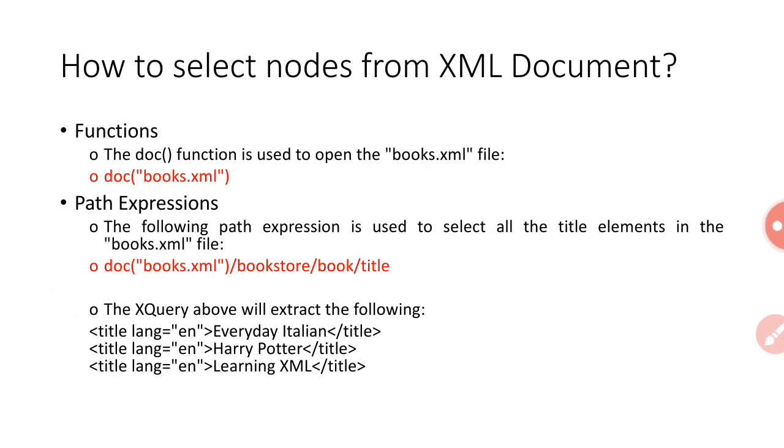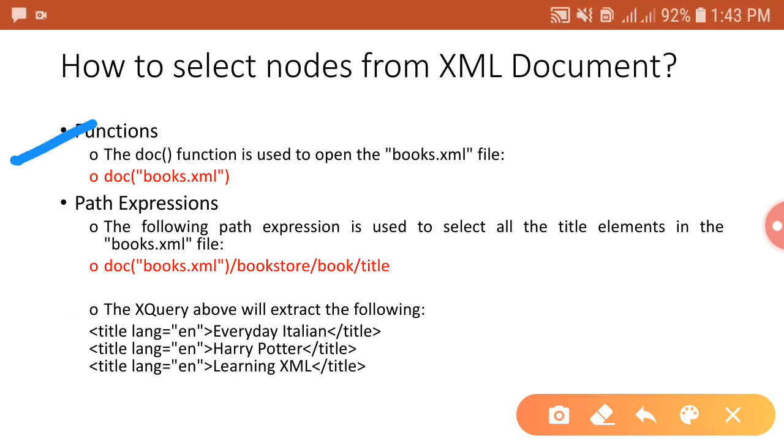Let's first see functions. XQuery uses functions to extract data from XML documents. See this example: doc, and in brackets there is the file name books.xml in quotation marks.